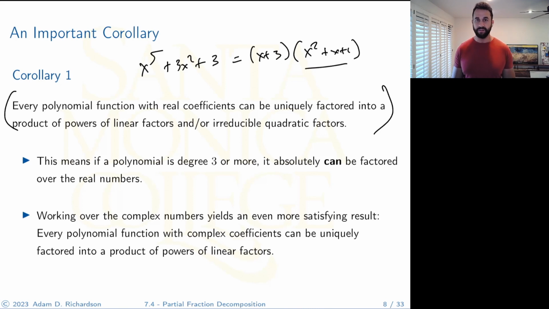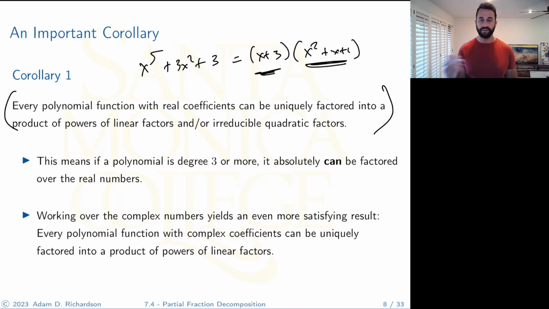This quadratic is not factorable any further over the real numbers. It's stuck. So no matter what polynomial you have, you can continue to factor it until you get stuff that looks like this or this.